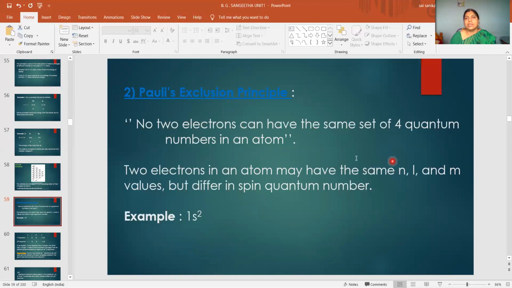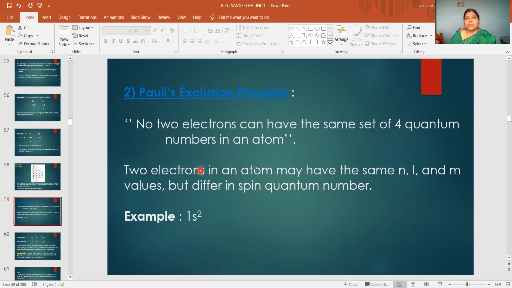Electrons have 4 quantum number values, that is n, l, m and s. n means principal quantum number, l means azimuthal quantum number, m means magnetic quantum number and s means spin quantum number.